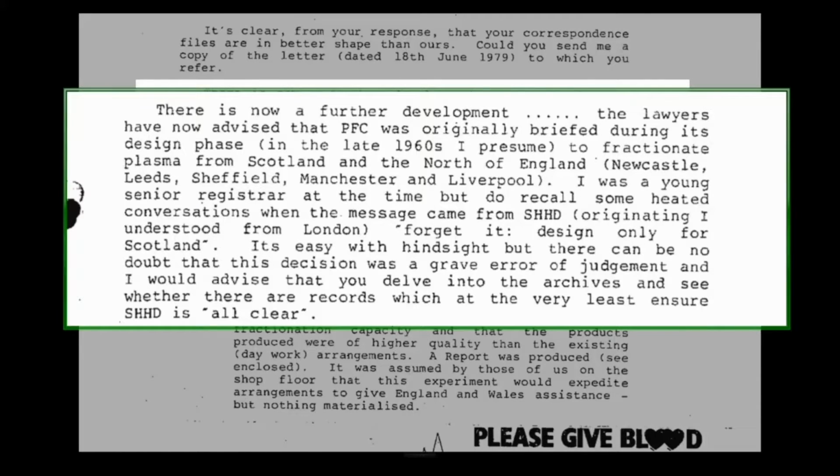I was a young senior registrar at the time, but do recall some heated conversations when the message came from SHHD, originating, I understood, from London, forget it, design only for Scotland. It's easy with hindsight, but there can be no doubt that this decision was a grave error of judgment, and I would advise that you delve into the archives and see whether there are records which at the very least ensure SHHD is all clear.